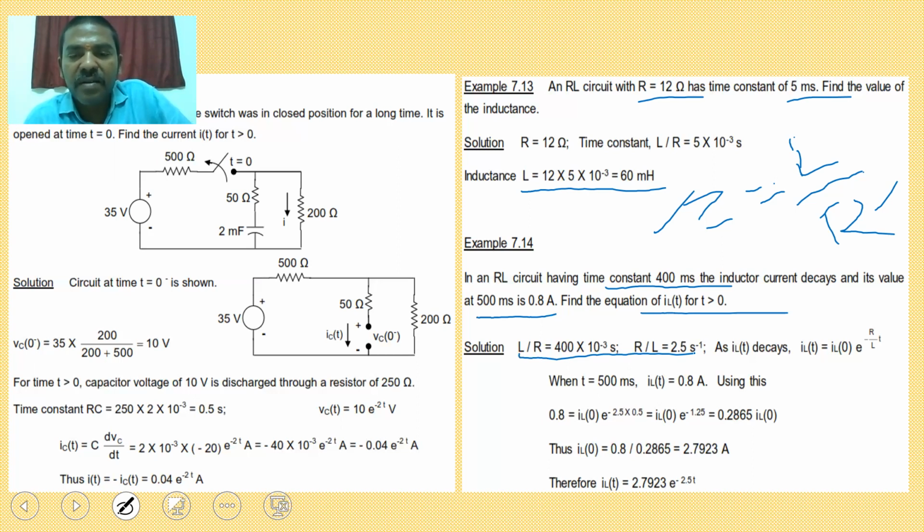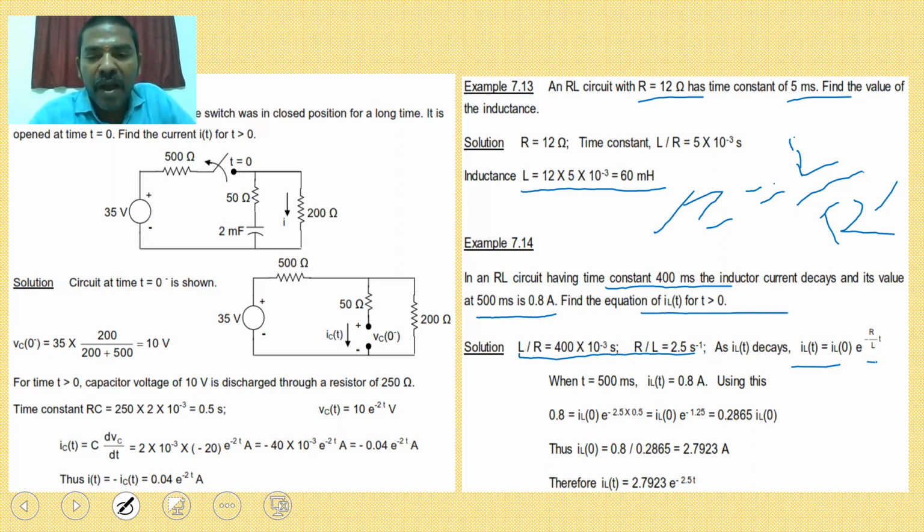So L by R is equal to 400 into 10 power minus 3, or R by L is equal to 2.5 per second. So the inductor current IL of t is equal to IL of 0 e power minus R by L into t.